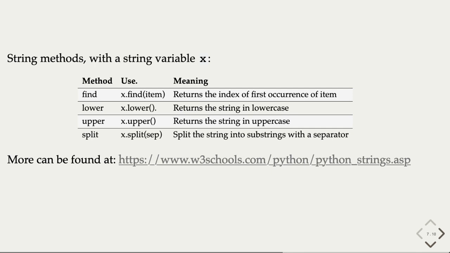For example, you can use the find method to return the index of the first occurrence of a particular item you are looking for. You can use the lower or upper methods to convert the string into lowercase or uppercase. You can also use the split method to split a string into substrings with a separator.